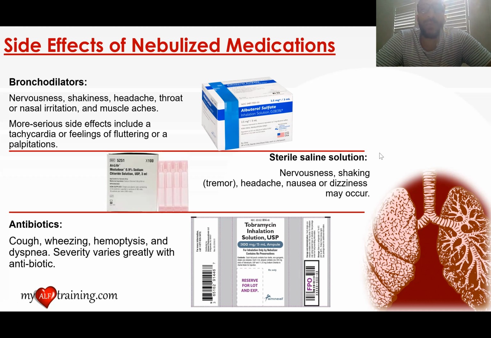And I'm presuming that's related to the sodium in the saline, that may cause nausea or dizziness. Not anything we should worry about as far as the sodium and the blood pressure goes, because it's just being inhaled and then probably absorbed through the mucosa.